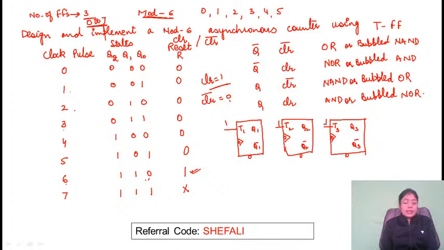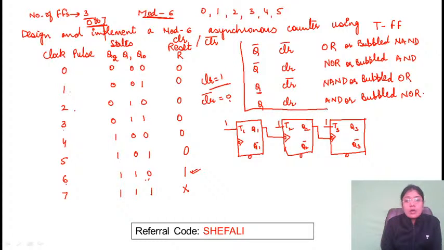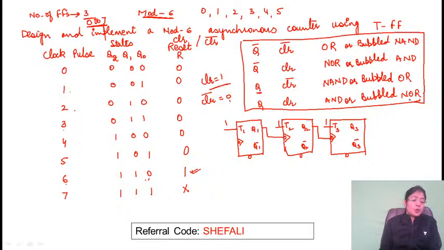Now how will you get the connections? We have to use the concept of clear complement, and let's assume this clock is connected with the uncomplemented form. If you can remember these rules, this will help you out.